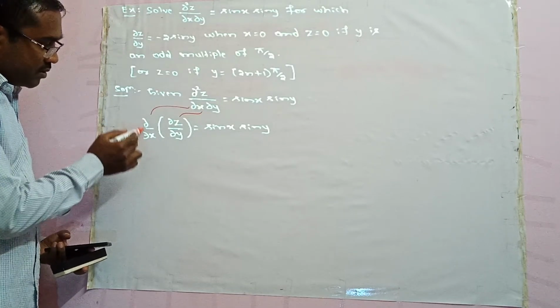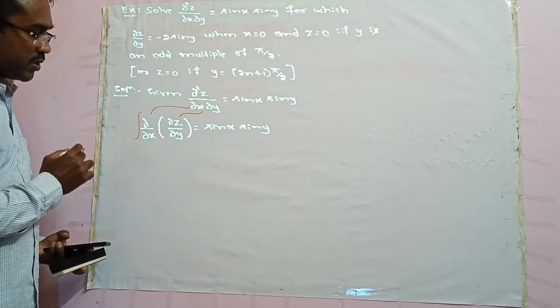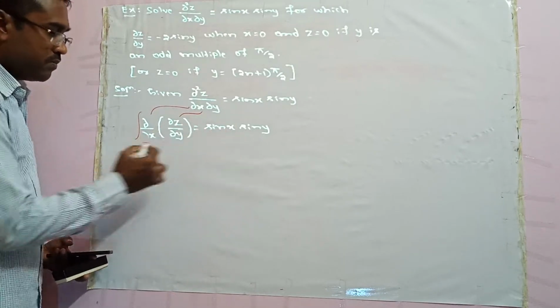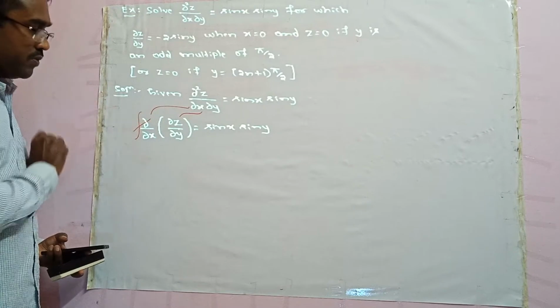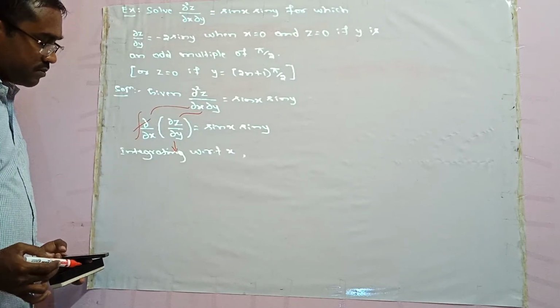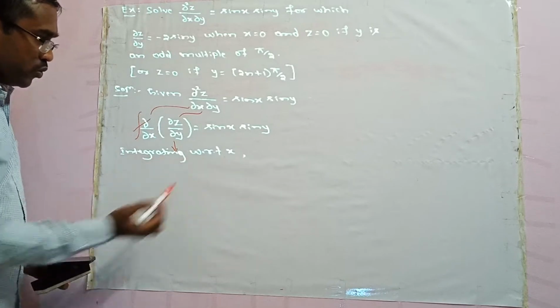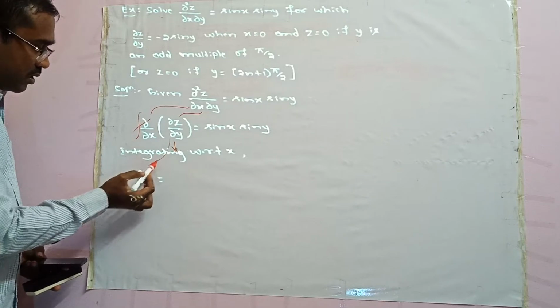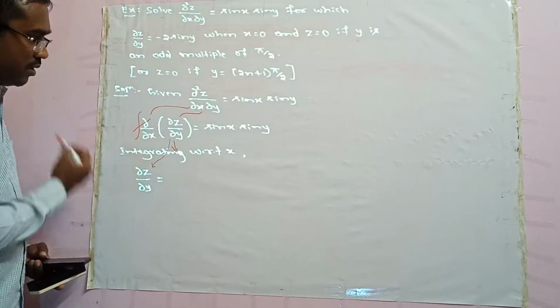To cancel this derivative, we need to integrate with respect to x on both sides. If you integrate, this derivative will get cancelled. What remains is only this. Let us see. Integrating with respect to x, what remains? Only this. This has got cancelled.